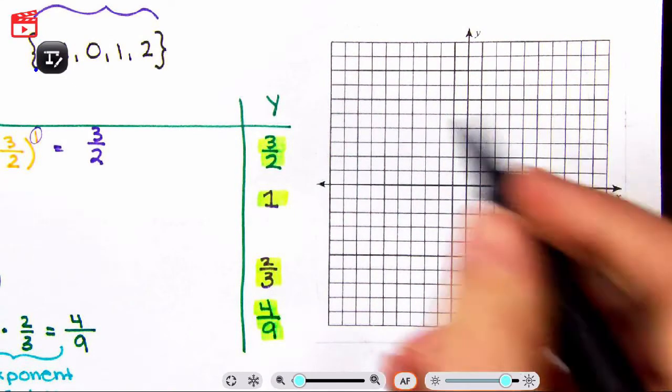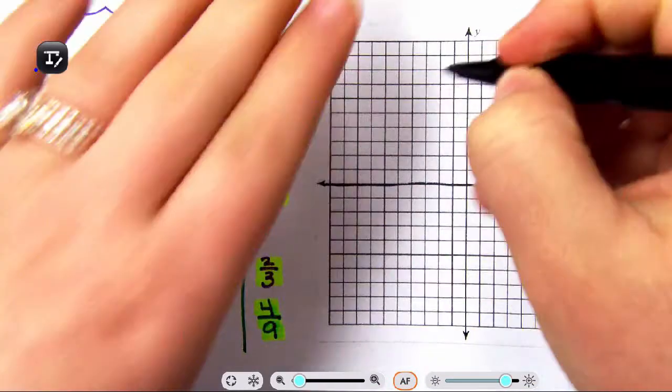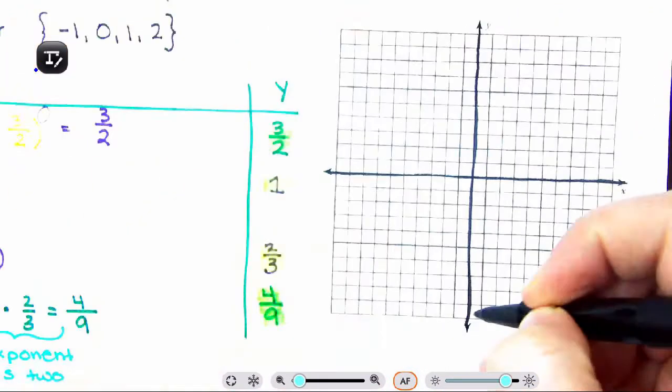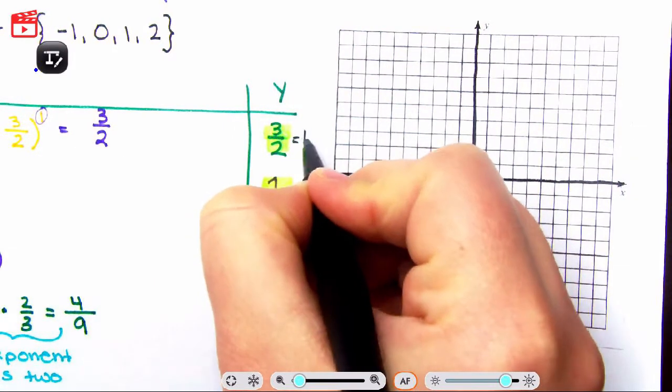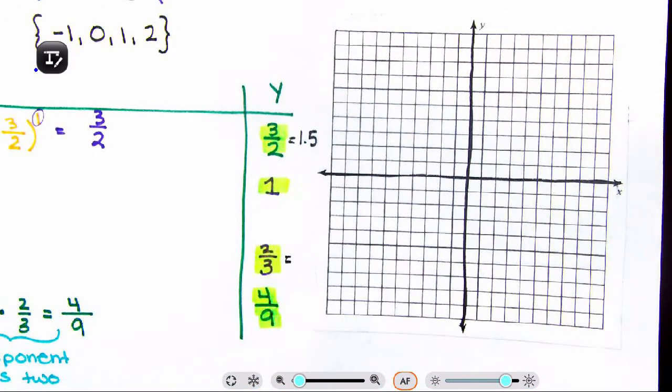It's a little more difficult to see where our lines are, so I'm just going to draw it here. So that's our x-intercept. Here's our y-intercept. So we have -1 and 3/2. 3/2 is 1.5. Then let's figure out what the other ones are.